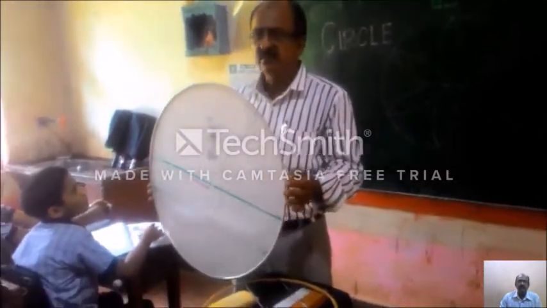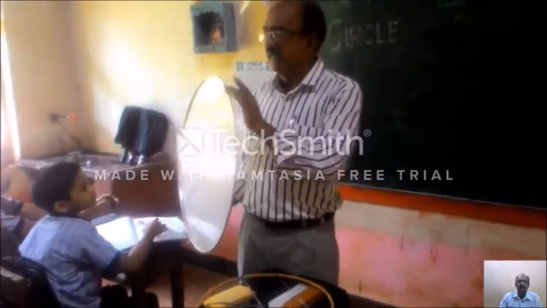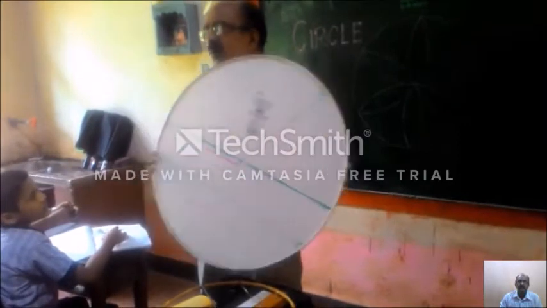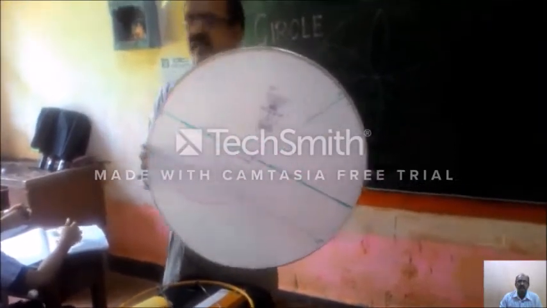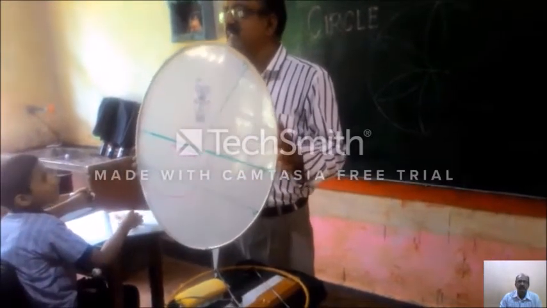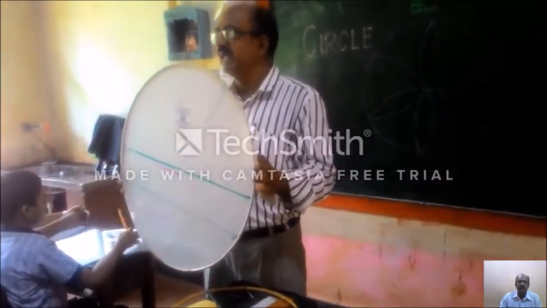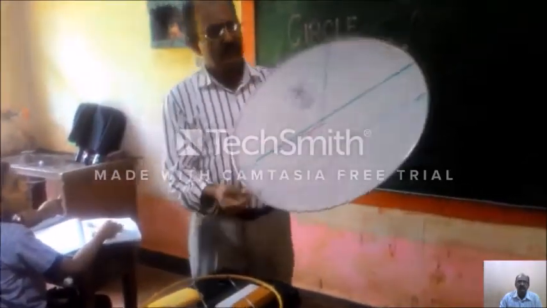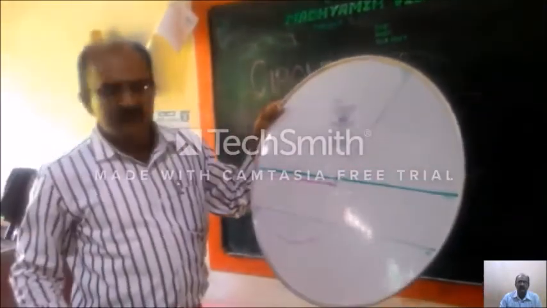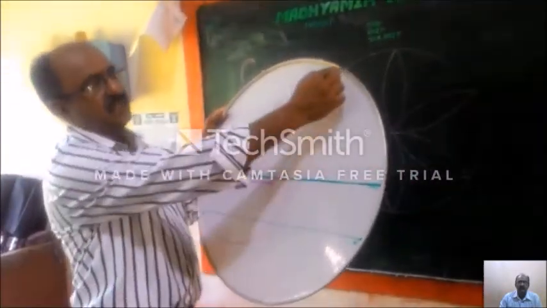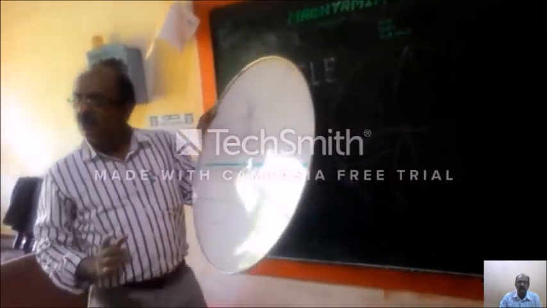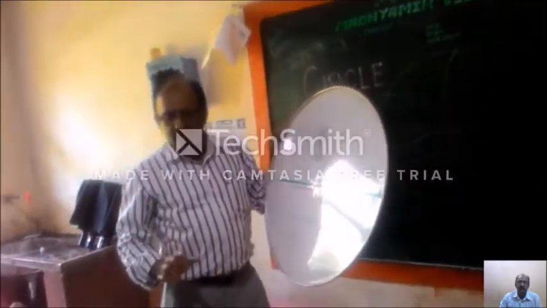A plate, a meal plate or dinner plate or any other round shaped material is known as the circular area. Here we see this is the diameter, this is radius, and what is this? Chord.